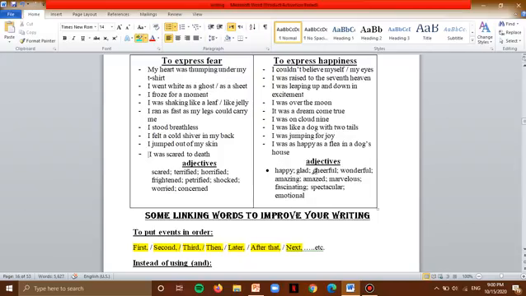Happy, glad, cheerful, wonderful, amazing, amazed. I was amazed. It was a marvelous day. Okay, the place was fascinating. It was spectacular. Spectacular means amazing, so amazing. Emotional. Okay, so these are all adjectives that I can use to describe happy or exciting events in my story.